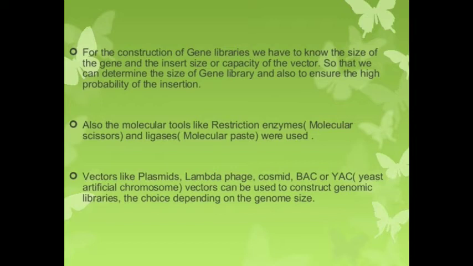The host cell containing recombinant DNA then undergoes the screening process, and thus the clone of the gene library is constructed. Now the DNA library is the collection of clones of human DNA.